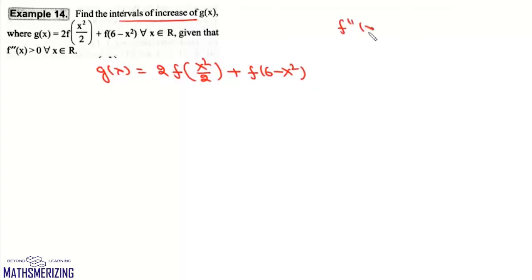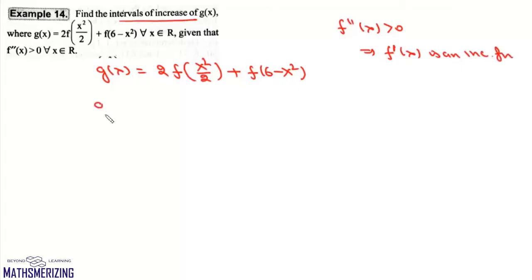Now here the question is, find the intervals of increase of g(x) where g(x) is 2f(x square by 2) plus f(6 minus x square), and it is given that f double dash x is greater than 0, which means f dash x is an increasing function.